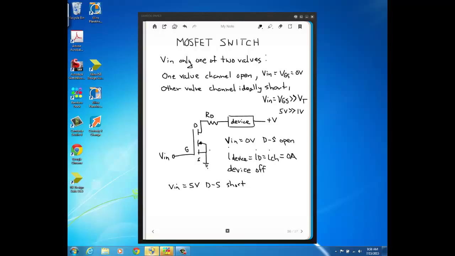If there's a short from drain to source, you now have this circuit here.